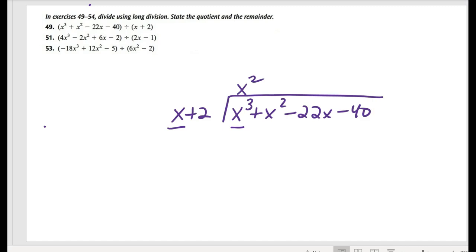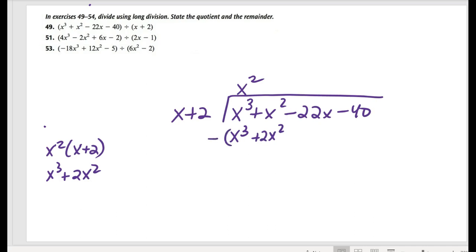Now I'm going to actually multiply x squared times x plus 2. And this will give me x cubed plus 2x squared. So my second step, multiply. I'm going to put that product now underneath my dividend. So I'm going to say x cubed plus 2x squared. Now I want to subtract my first line minus my second one.